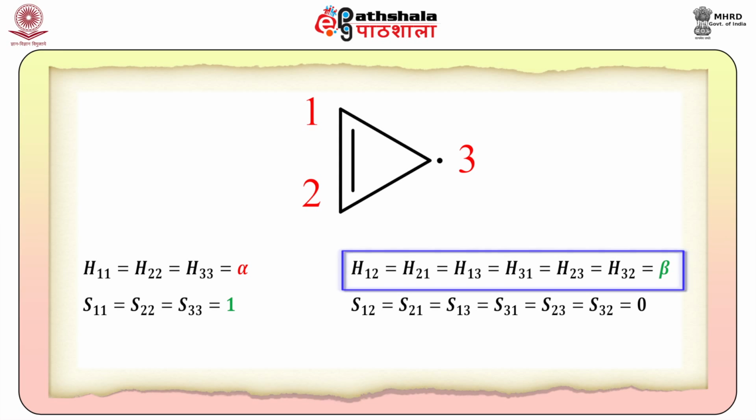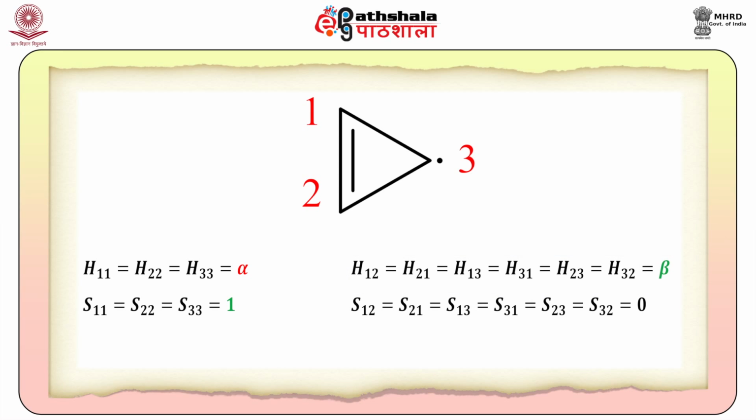They are like neighbors, so the corresponding value of each one of them is equal to beta. And as we have already discussed, the overlap integrals S11, S22, S33 will be equal to 1, whereas S12, S21, S13, S31, S23 and S32 would each be equal to 0.